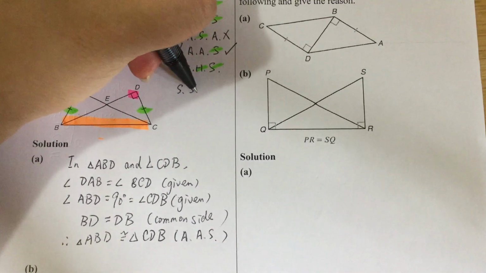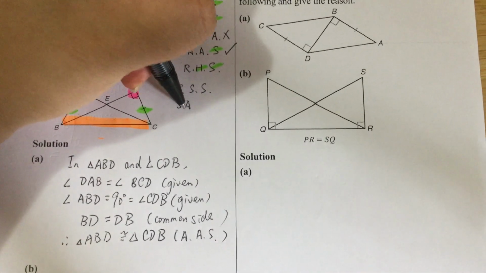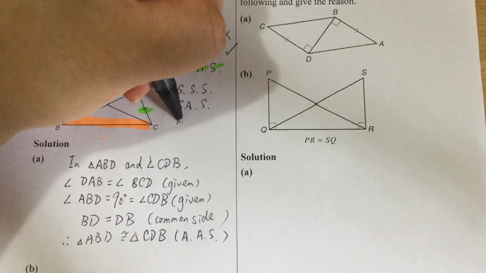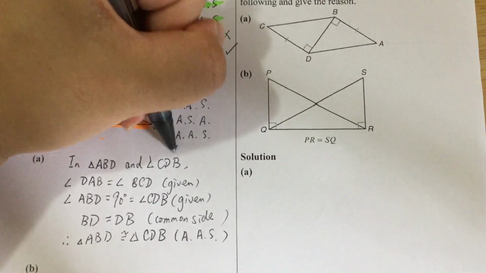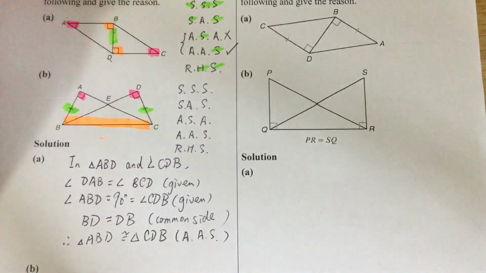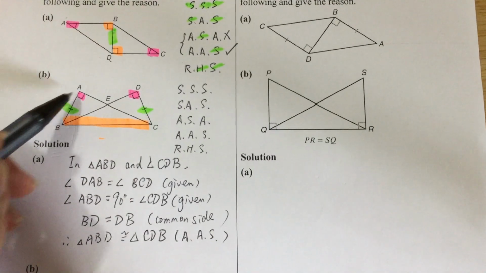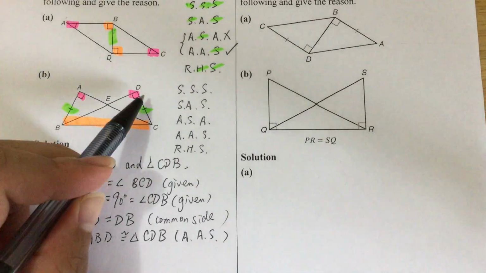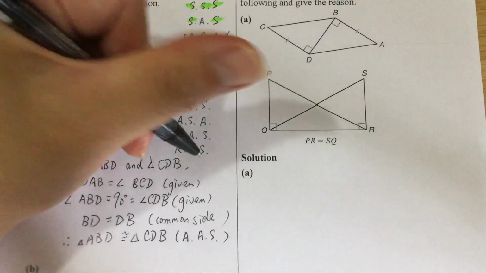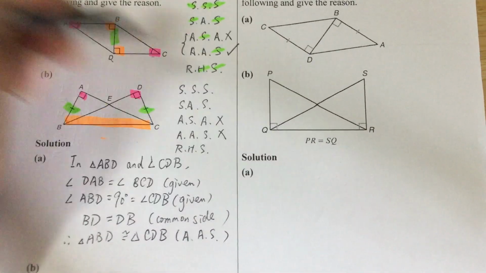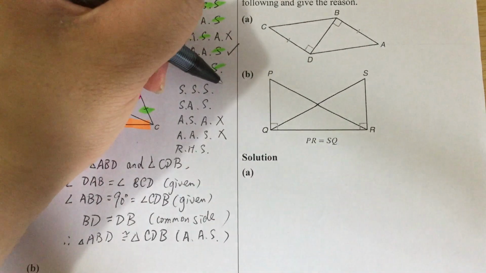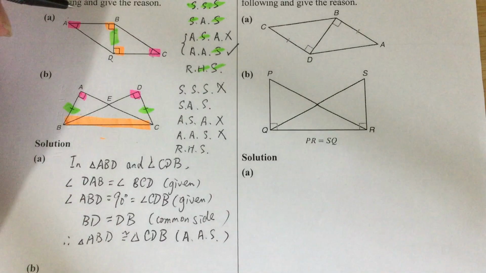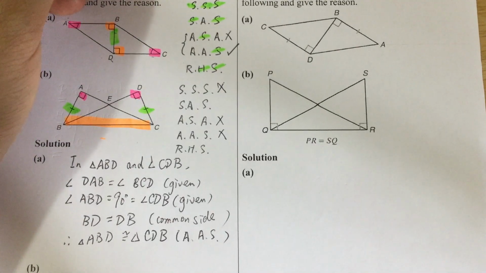So once again, SSS, SAS, ASA, AAS, RHS. Okay, one by one first. We only have one angle here, so we will not use ASA and AAS because we do not have two angles. Also we will not use SSS because we do not have all straight lines equal, okay?